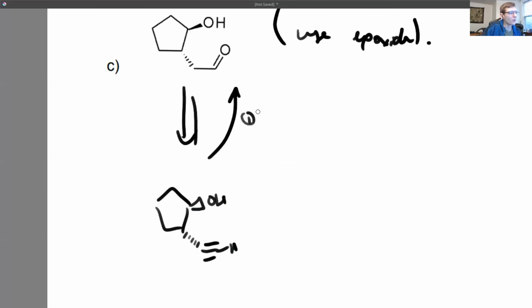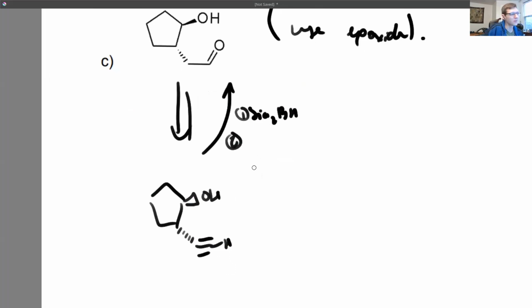So 1 diisocyanyl borane, I think that might be what it's called. Whatever. And then again, hydrogen peroxide, sodium hydroxide. Ingrain those reagents into your brain. You will use them over and over and over again. Plus it can be really easy to forget them, right?